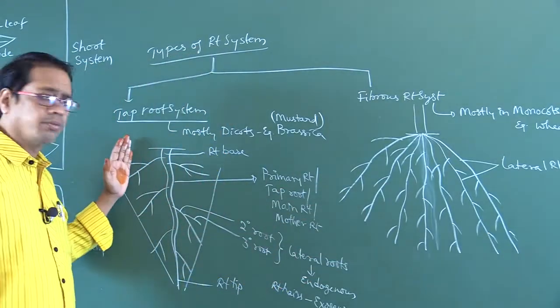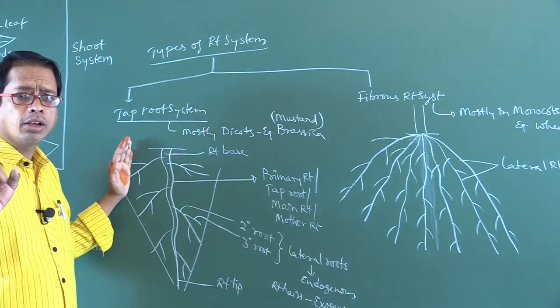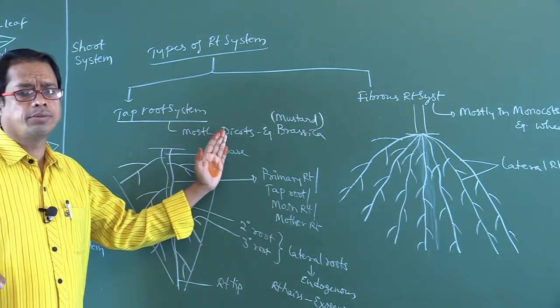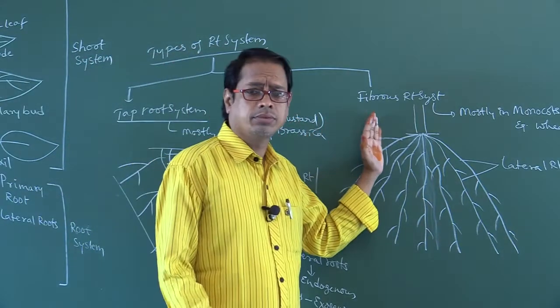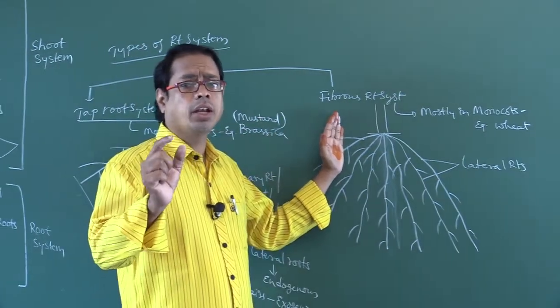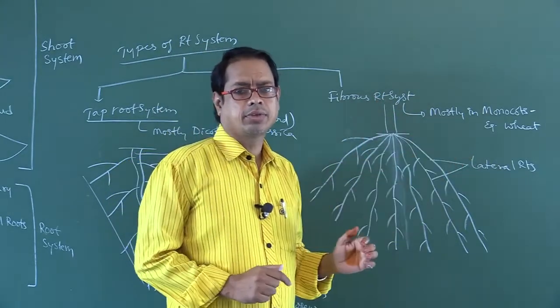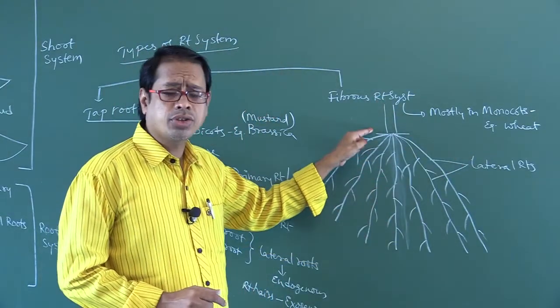The taproot system is generally found in most dicots, for example mustard. The fibrous root system is mostly found in monocots, for example wheat.